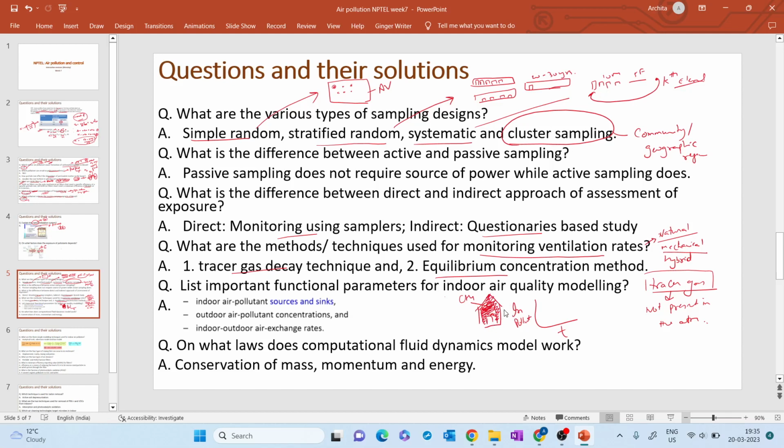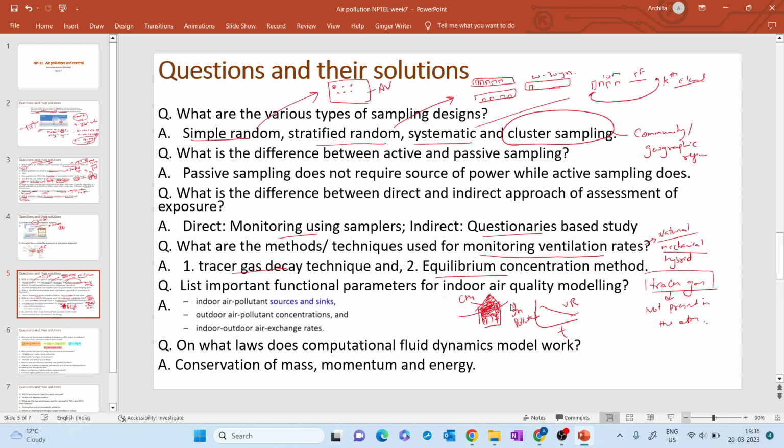Now we let other pollutants enter because the ventilation is going on, and we see how much these pollutants enter with time. The natural log of pollutant versus time, and the slope of this will determine the ventilation rate.